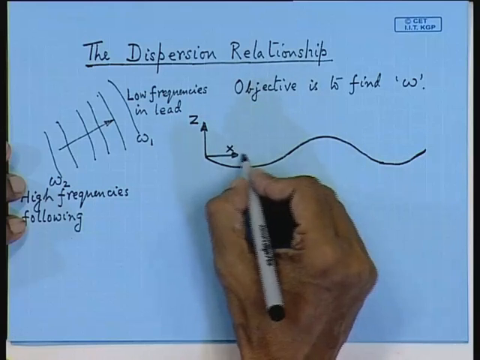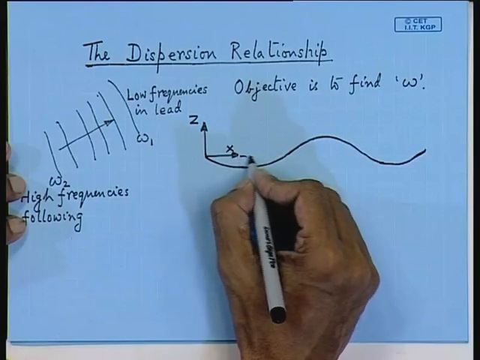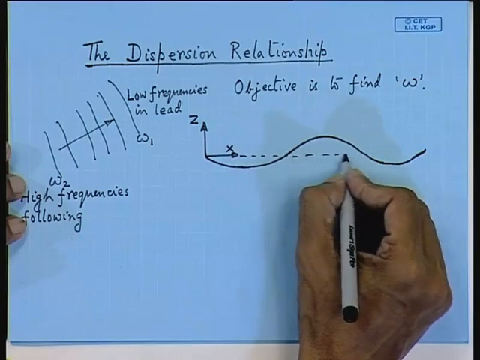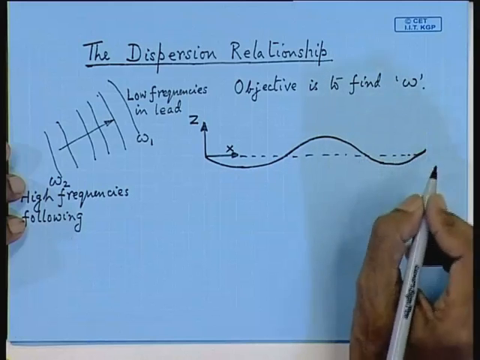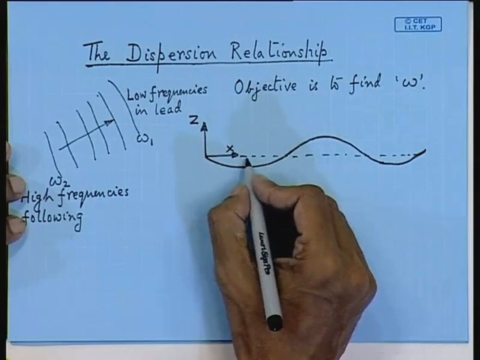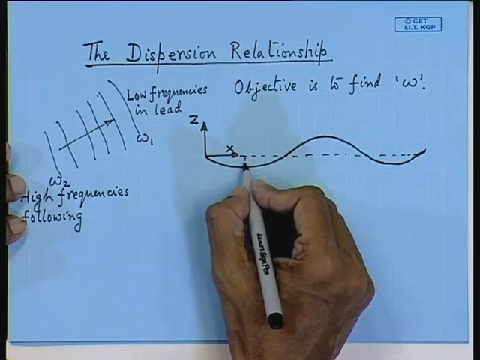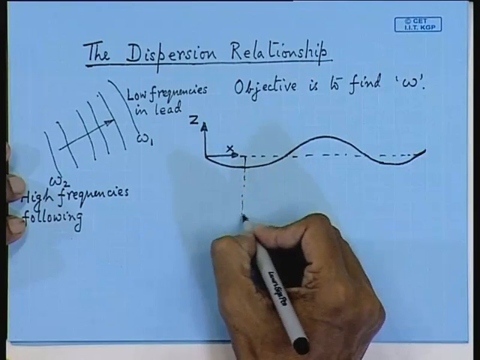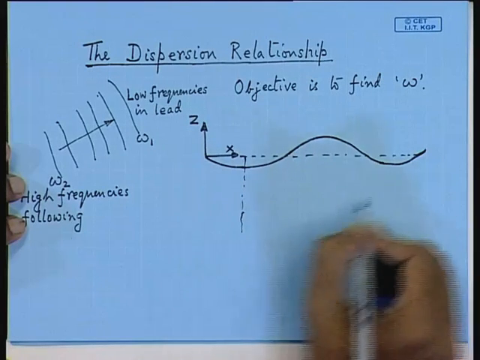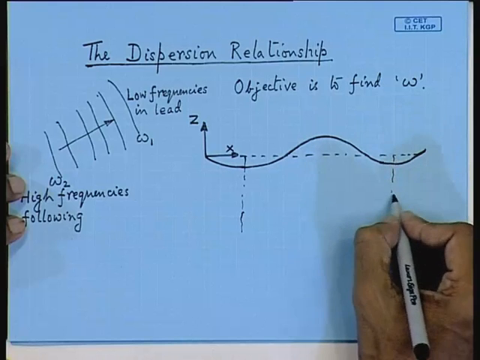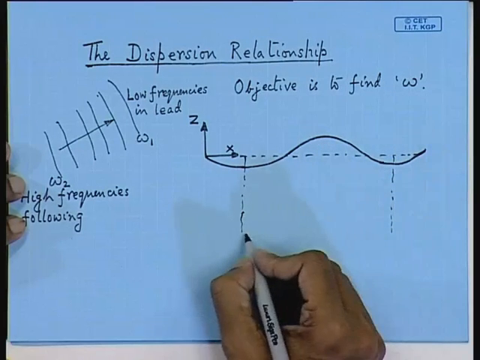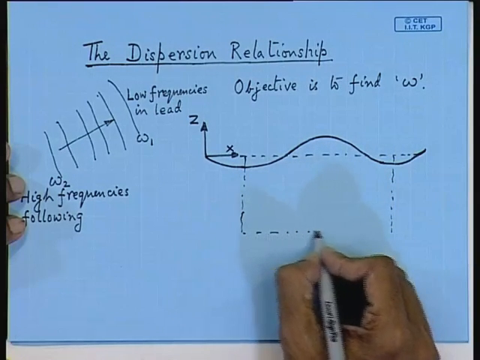Now let us take one wavelength. Say this one, this is our mean surface. So you take this distance from trough to trough. This is one trough, this is another trough. So what is the distance between these two troughs?